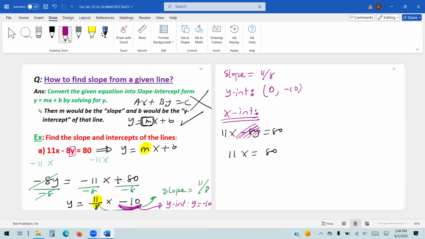To solve for x, what do we do? Divide by 11. Can you divide 80 by 11 evenly? No, so we leave it alone. How about the point format? How do you write this in a point format?